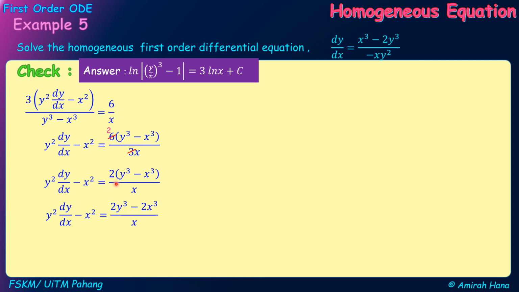Right, and we can expand the numerator on the right hand side. So we get 2y cubed minus 2x cubed. After that, we can move minus x squared to the right hand side. So we get y squared dy over dx equals 2y cubed minus 2x cubed over x plus x squared.